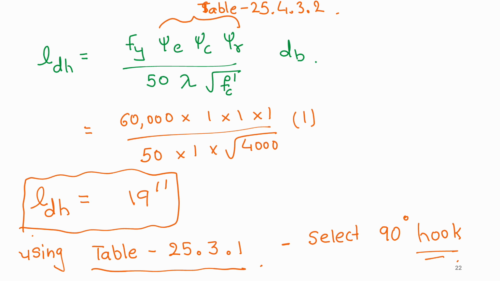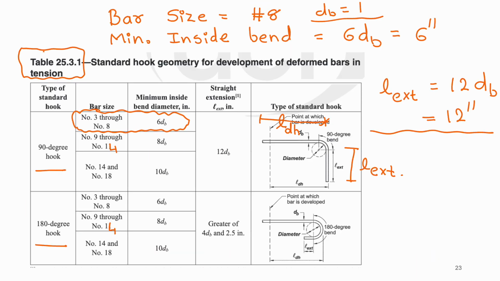Using the table again, at the beginning, ACI code 25.3.1, we will select 90-degree hooks. So this is table 25.3.1, and we have bar size between 3 and 8 to be 6 times db.